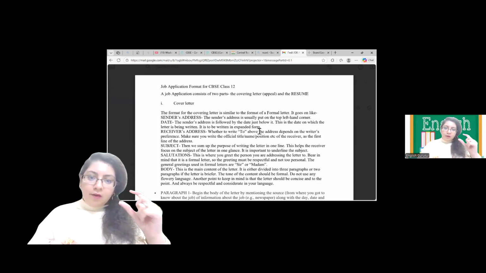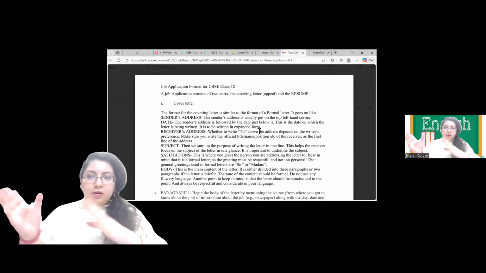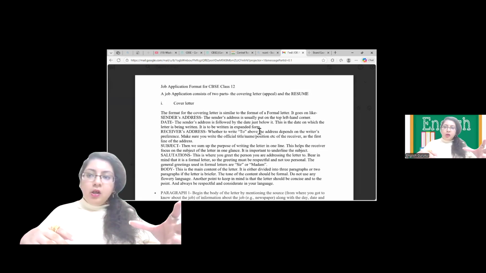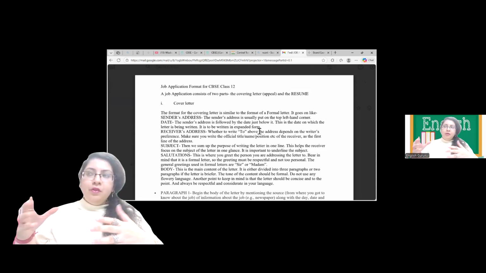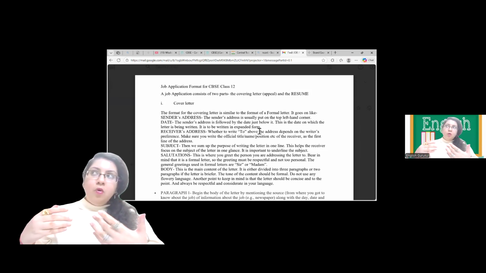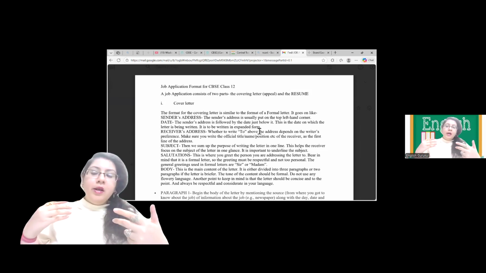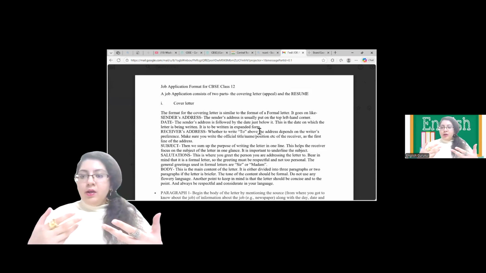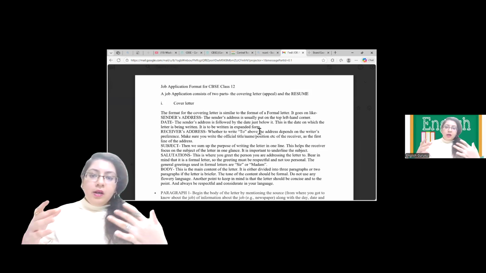The format for the covering letter is similar to the format of a formal letter. You are all familiar with how to write formal letters, whether it be a letter to the editor or otherwise.